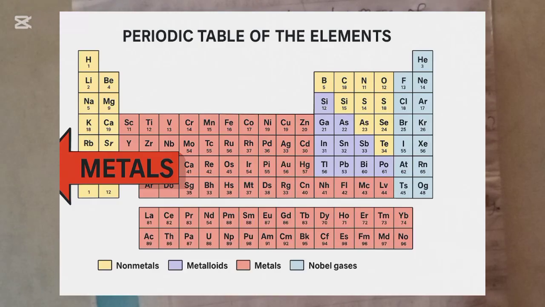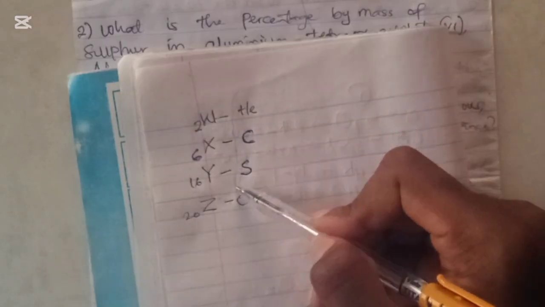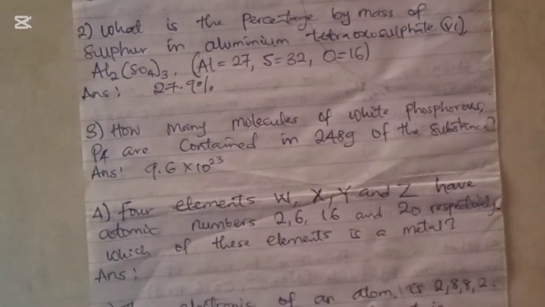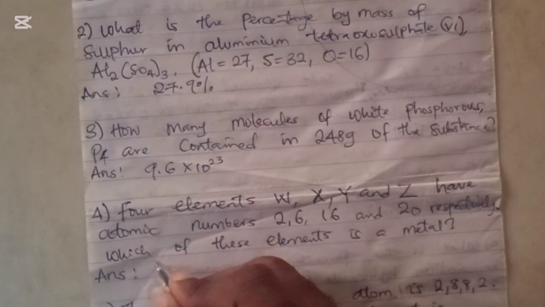Elements on the left-hand side of the periodic table are metals, and you would see that these elements are not on the left-hand side. Therefore, our answer is calcium, number 20. So element Z is the metal.